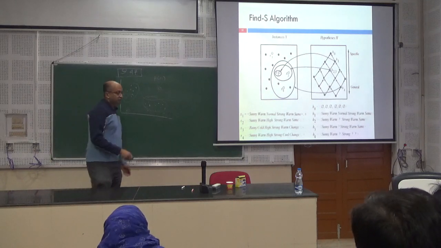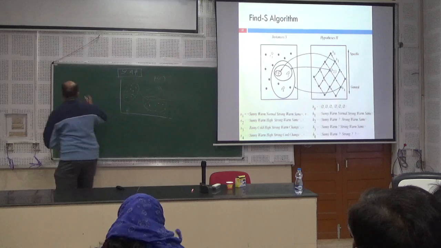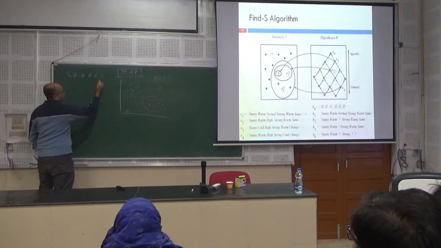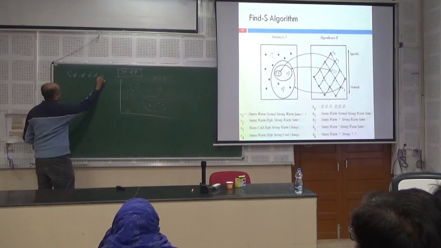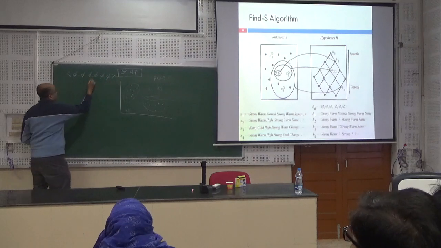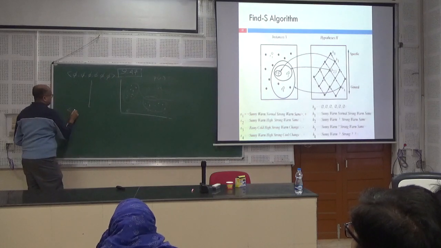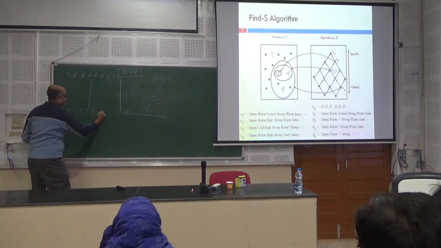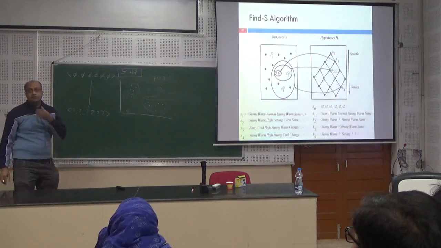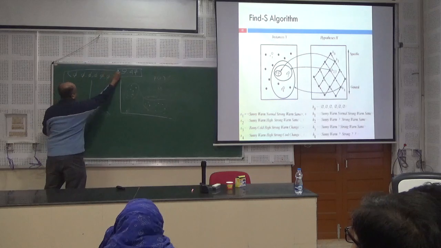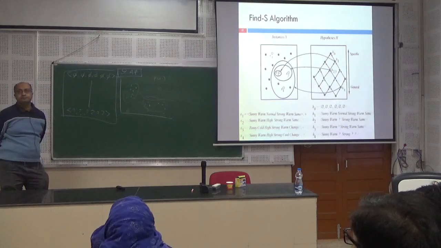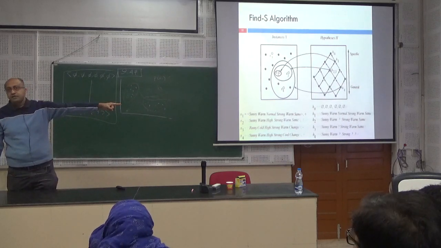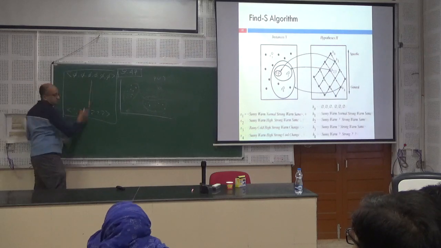So now what happened? If you look at your sample space, it extended all the way from all nulls, I don't know, how many do we have? 4 or 5? 1, 2, 3, 4, 5, 6, all the way to the most general one. This was my sample space, everything inside. Now, as soon as I've seen my first positive sample, I have brought this boundary downwards.